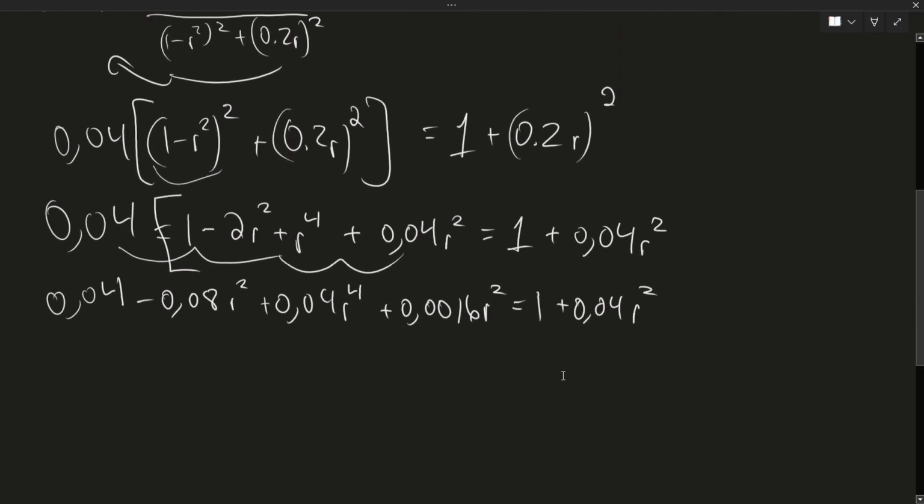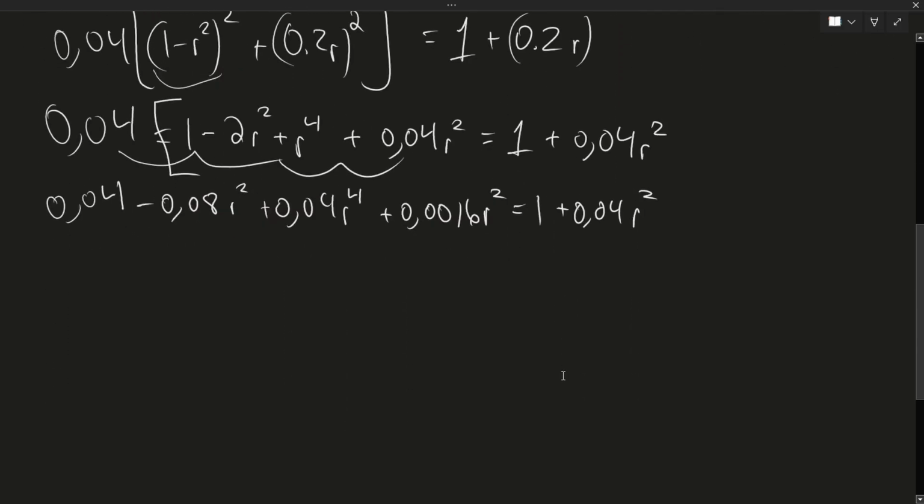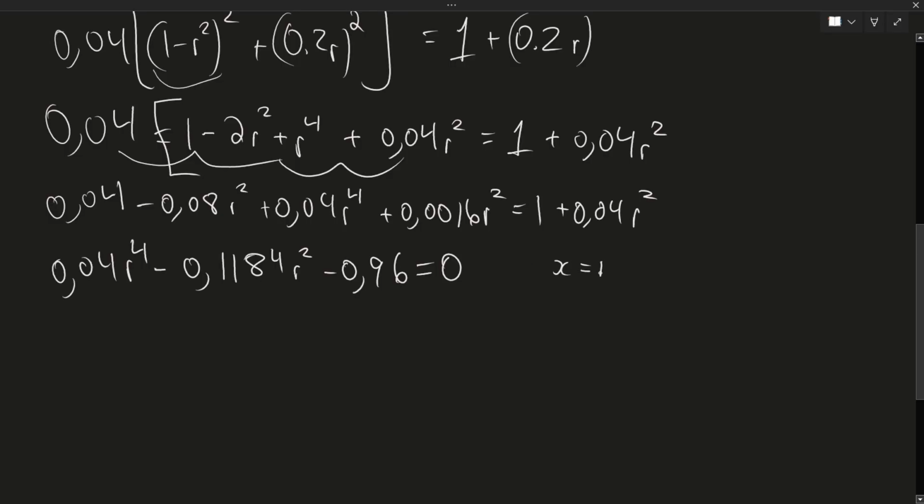Next, I'm going to send everything to the left side. Okay. Now, the rest is just basic algebra. I'm going to replace this with x and use the quadratic formula. So you're going to get something like this, x squared plus 1184x minus 0.96 equals 0.